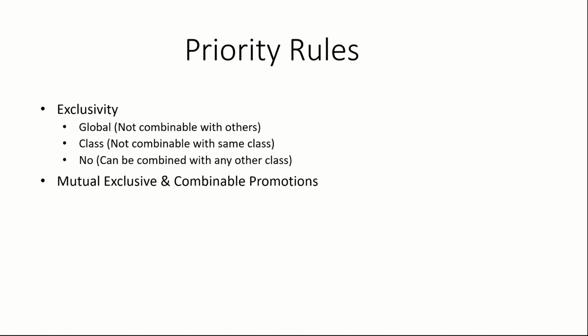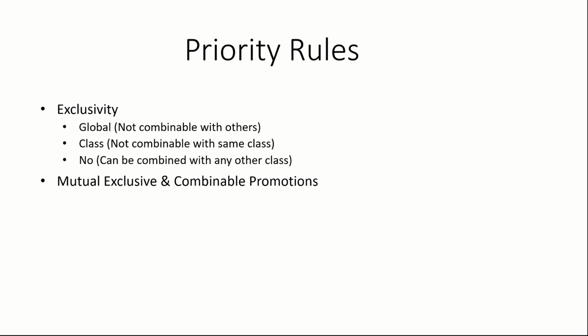First is mutual exclusive. By the name itself, we can understand that whenever two promotions are set as mutually exclusive, that means both of them cannot be combined. And combinable promotions means if two promotions are combinable, we can combine them.